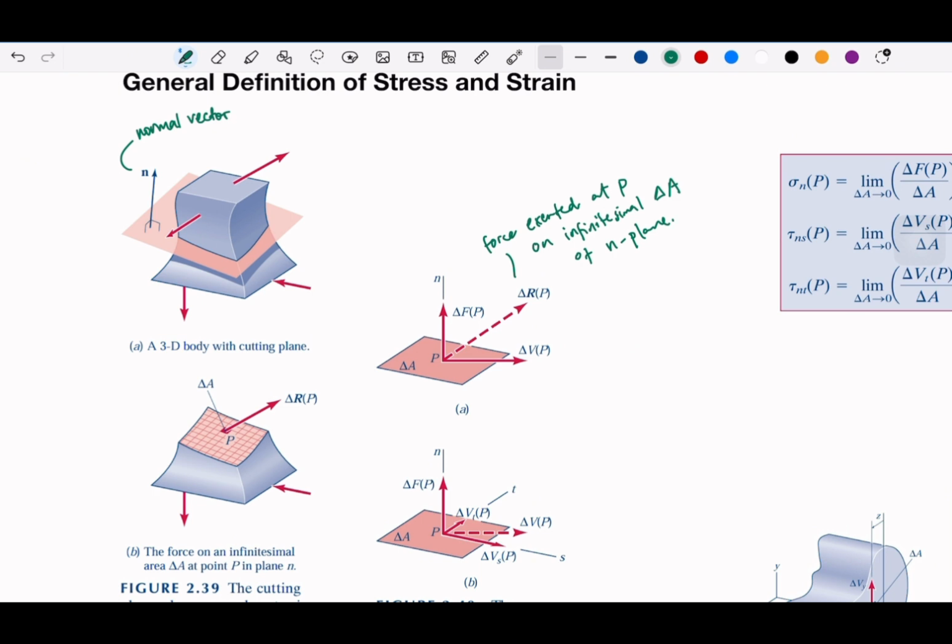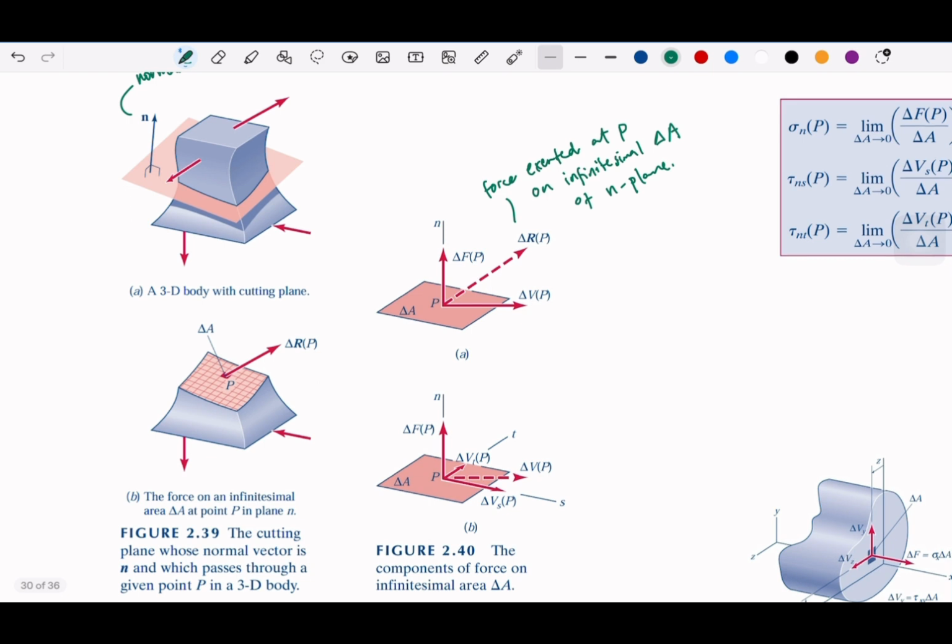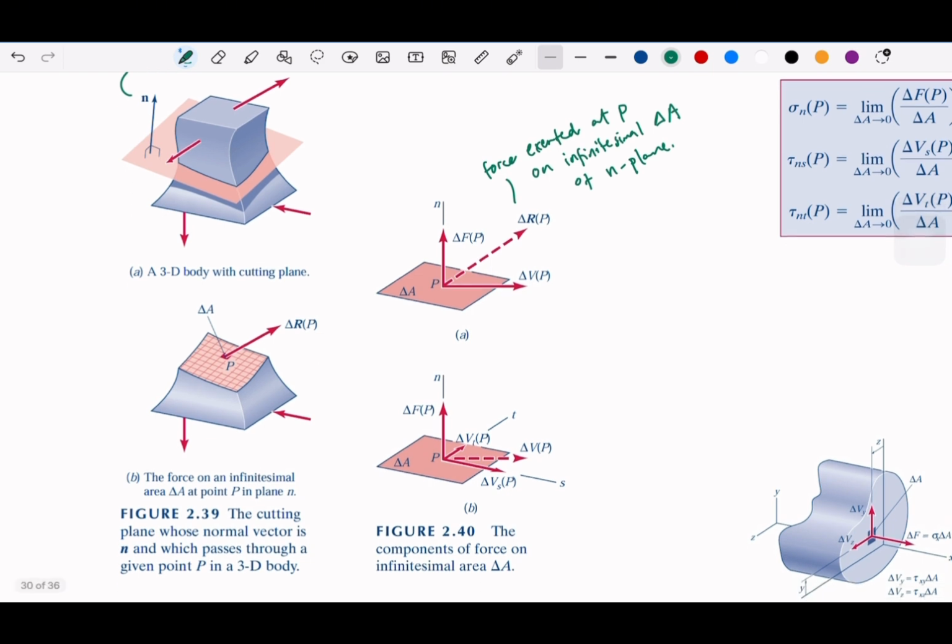And the magnitude delta R, and from that delta R we could see that we are going to have the delta F and the delta phi as components of the delta R.